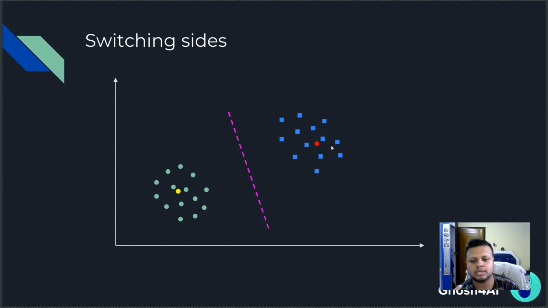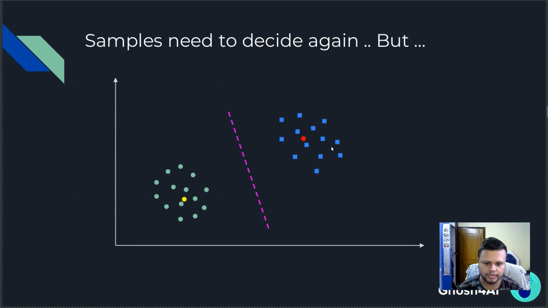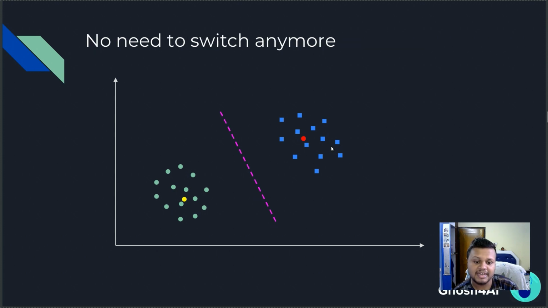process continues. Because there has been some reassignment, the means have to move again to the centroid of the samples that belong to them, and after moving we will see that again there is another chance of reassignment, but this time we see that the hyperplane has shifted a bit, but there has been no switching sides anymore.